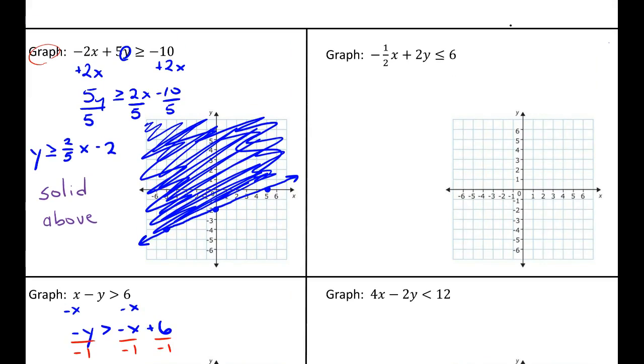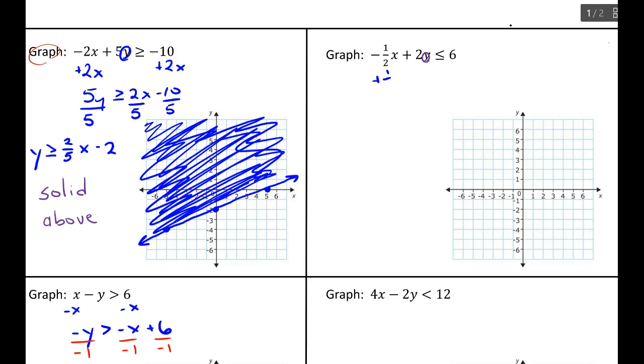Let's jump up here and let's do negative 1/2 x plus 2y is less than or equal to 6. Actually, I'm going to see if you can do that one on your own. I'll help you put it into y equals mx plus b form, but I want you to graph that one on your own. So let's get rid of what's around y, because we want to isolate y.